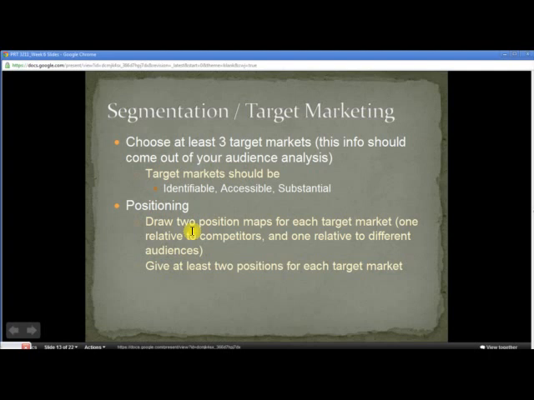But for example, if your big picture audience is families, then maybe you want to target families in a particular location. Or maybe you want to target families who are looking for a particular benefit. So if, for example, you are a recreation center, maybe you want to target people who are looking for a fitness benefit, or people who are looking for a social benefit, or an intellectual benefit.